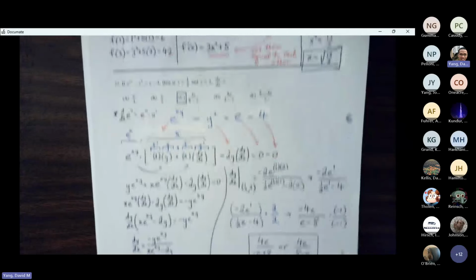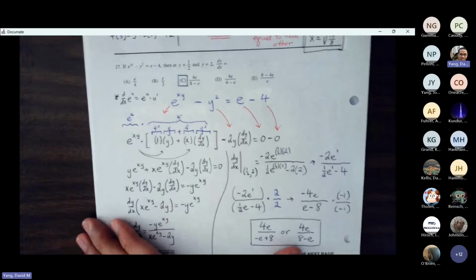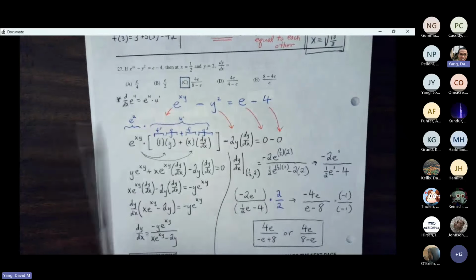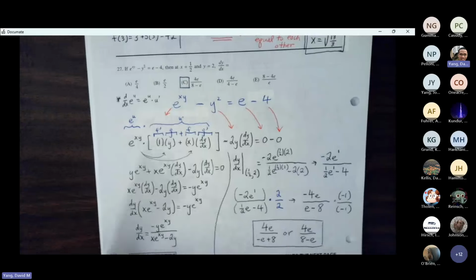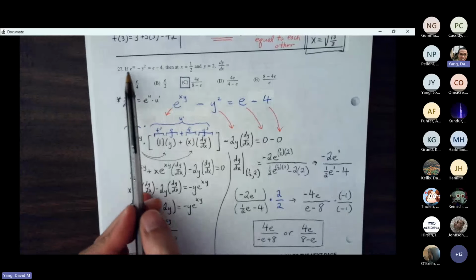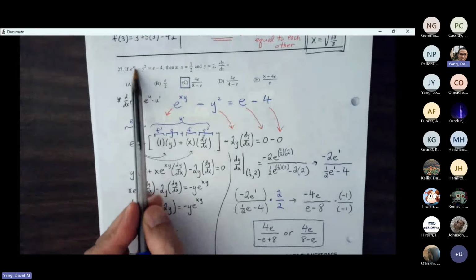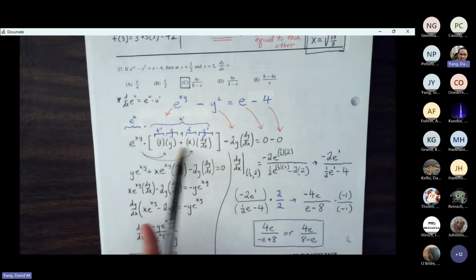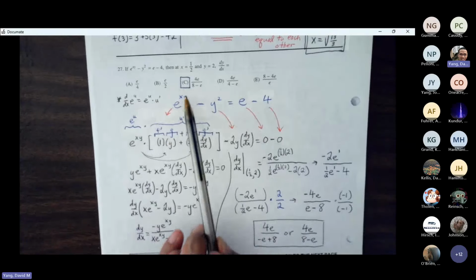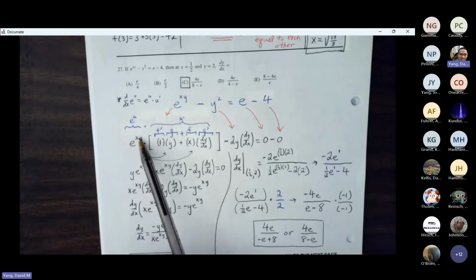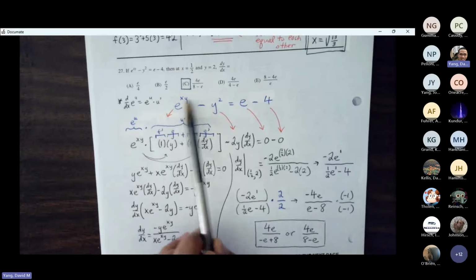27 is really convoluted, but I'm just going to highlight the main steps, and then you guys can work it through later. The idea is that we have to go through chain rule. e to the u becomes e to the u times u prime, but then within that xy, we've got to go through a product rule and implicit differentiation because there's y hidden in there. So e to the xy becomes e to the xy times, and then u prime is the derivative of xy.